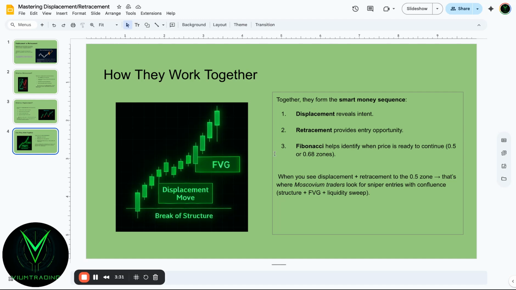And how they work together. Like I was saying before, you get into the trade, you wait for the small retracement, and then you get into the trade again. And you use the other levels, like extension levels or 1.0 levels, to get out of the trade, or to move your trade.